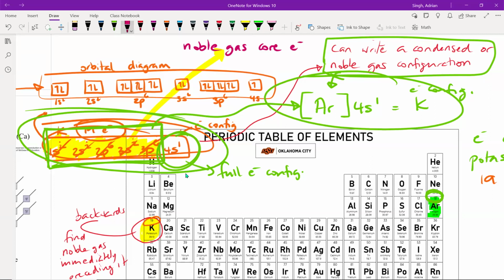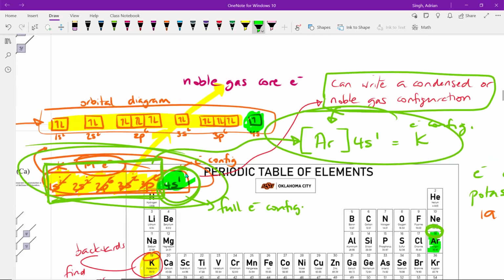And the remaining electrons, highlighted on the orbital diagram as well, all of these are the noble gas core electrons. The remaining electrons, in this case, there's just one electron, which is the 4s1. That is known as the valence electron.